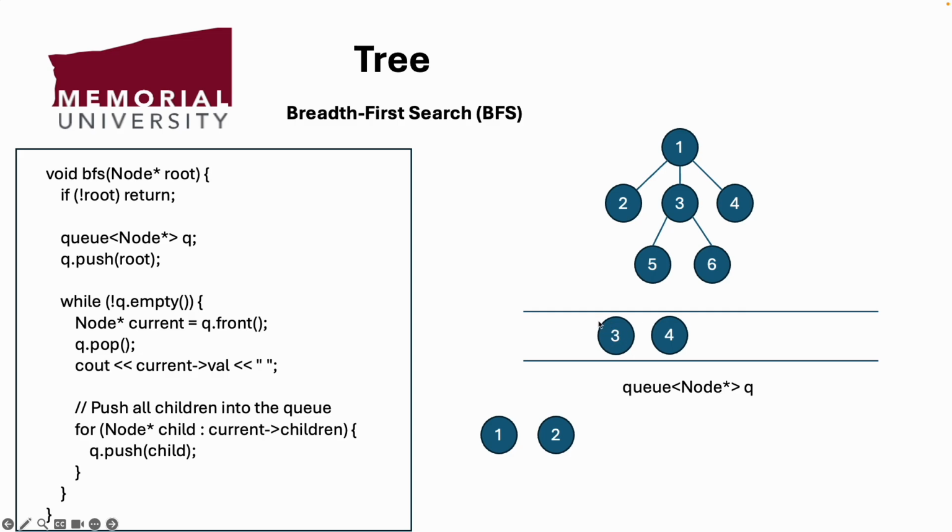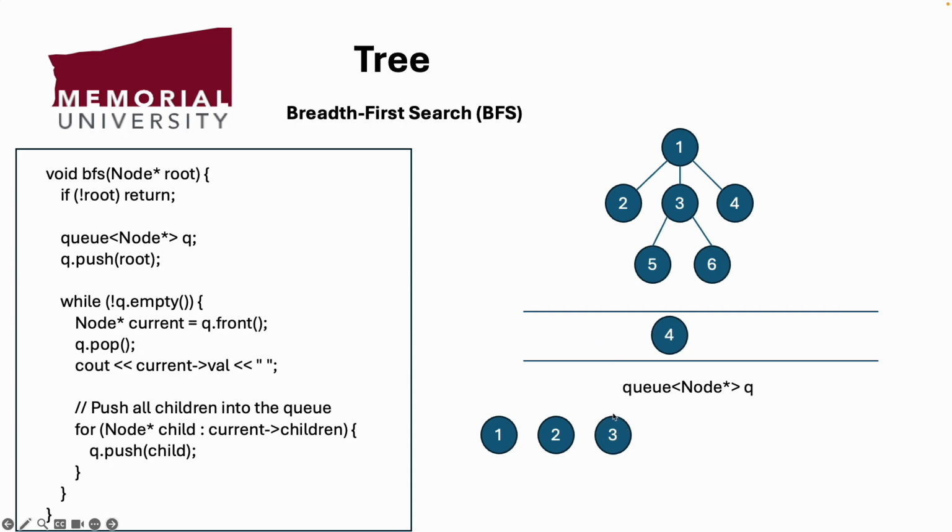We continue with the while loop. We come to node 3 now, right? The current will be equal to the queue front, which is node 3. Then we pop node 3, because node 3 is now the first element of the queue, and we display node 3.